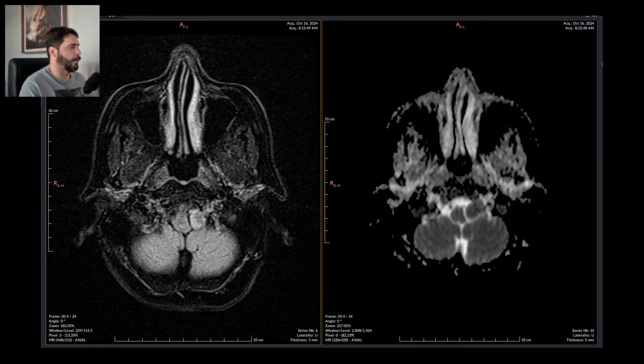So we are going to describe it nonetheless. This site. And we also need to describe the meningioma. What else?